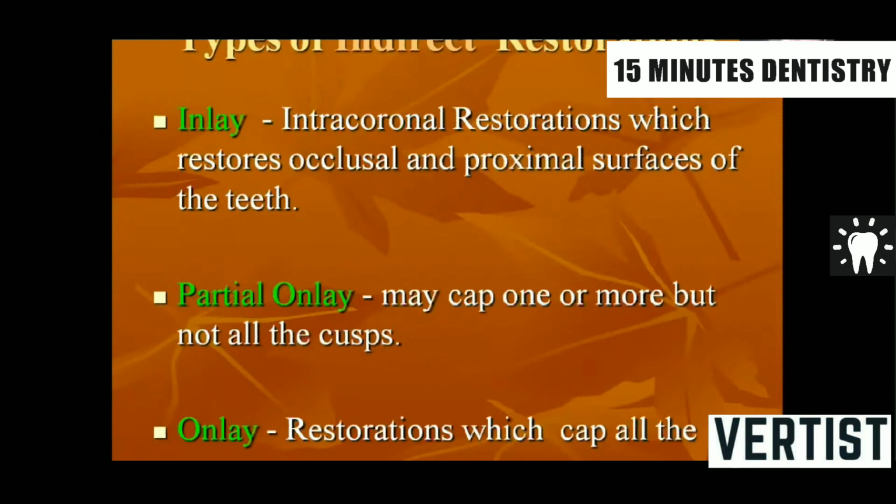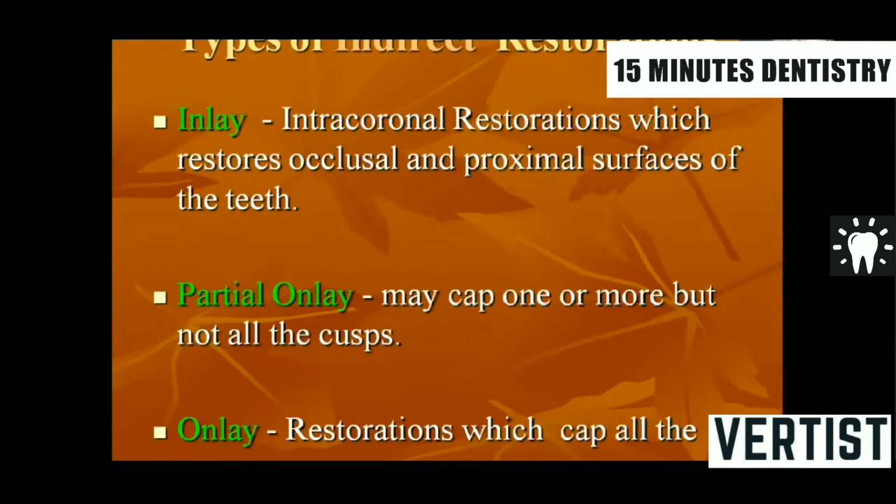If suppose you get an examiner who's very, very senior, very old books described inlay as those restorations which restore occlusal and proximal surfaces of the teeth along with a few cusps but never all the cusps. Okay? A few cusps but not all the cusps. But in all the recent books, the definition has changed. Inlay is an intracoronal restoration which restores occlusal and proximal surfaces of the teeth.